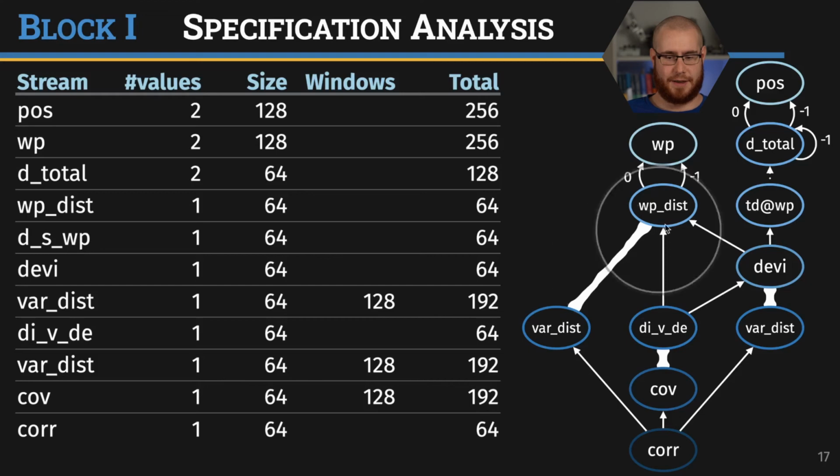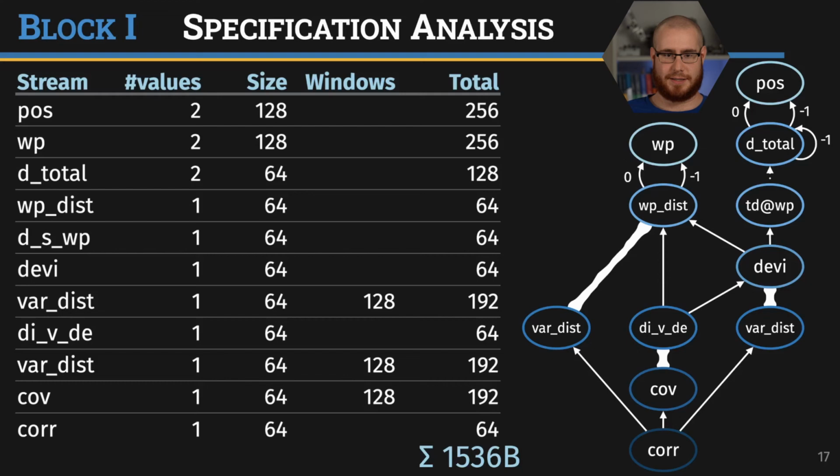So in this case we just need two 64-bit numbers as intermediate values, and that's something we have to add to the memory consumption of the stream. So in this case, the total consumption of the stream is 192. And the memory consumption of the monitor as a whole is then just the sum of these values.